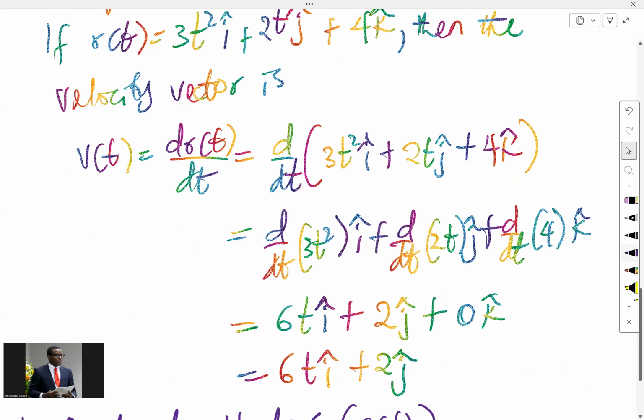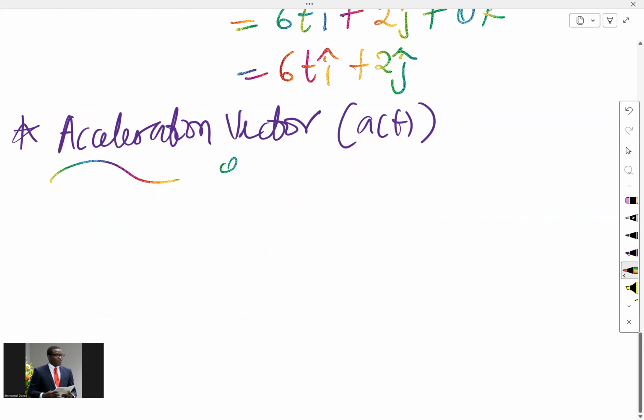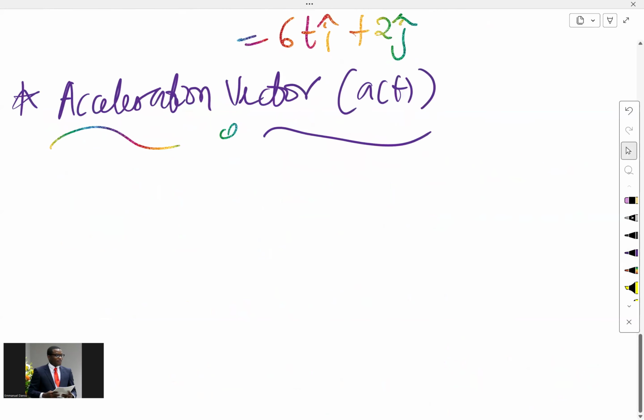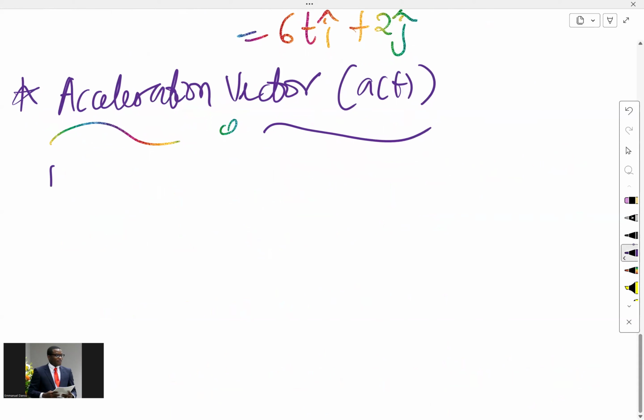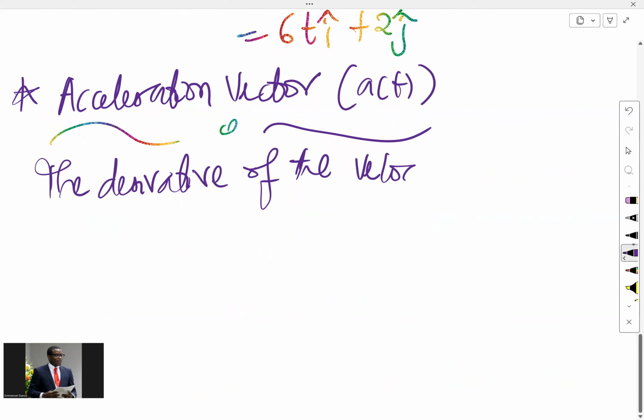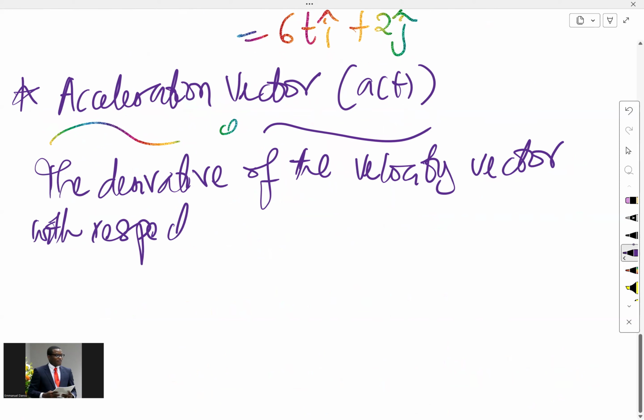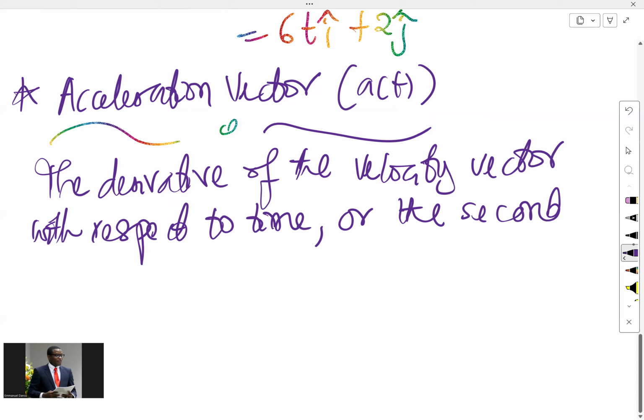So acceleration vector is a of t, so that it is the derivative of the velocity vector with respect to time, or you can say the second derivative of the position vector.